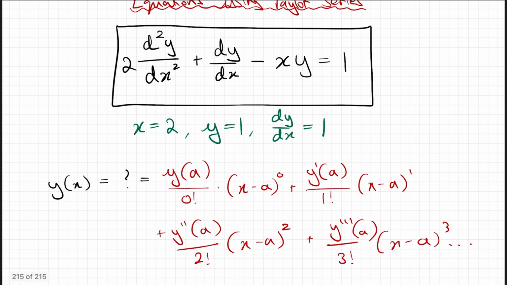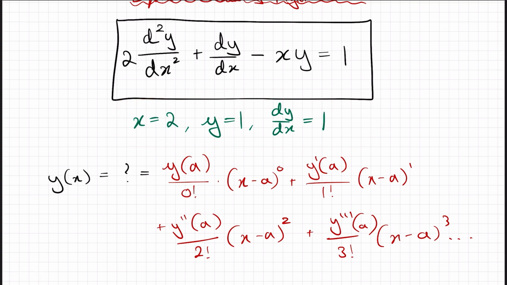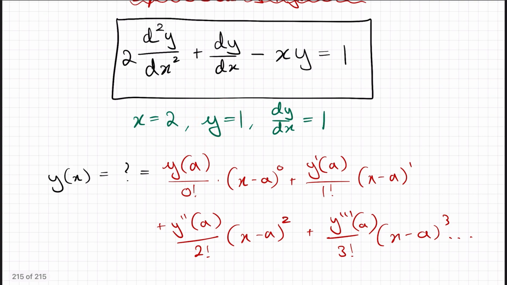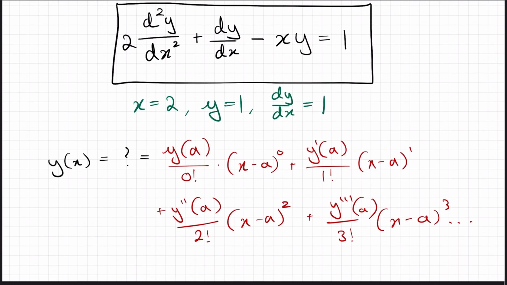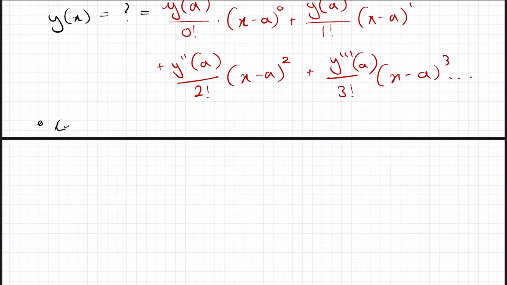Well, we already have these initial conditions here. So first of all, we have dy by dx, and we have y, and here, let me write, a is actually where the Taylor expansion is centered.